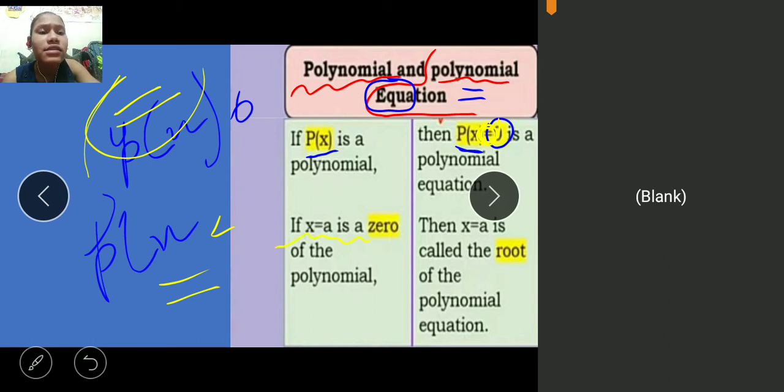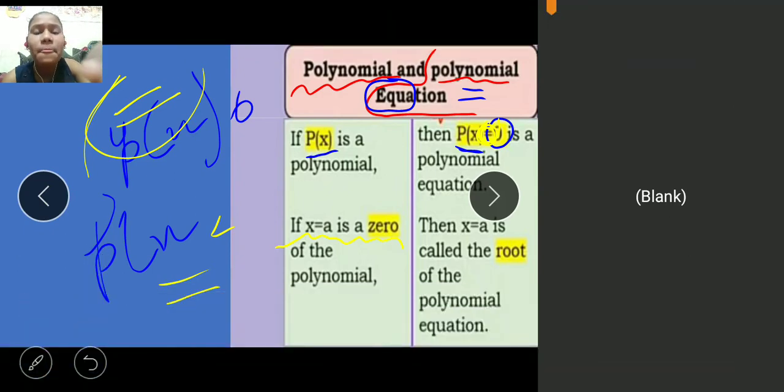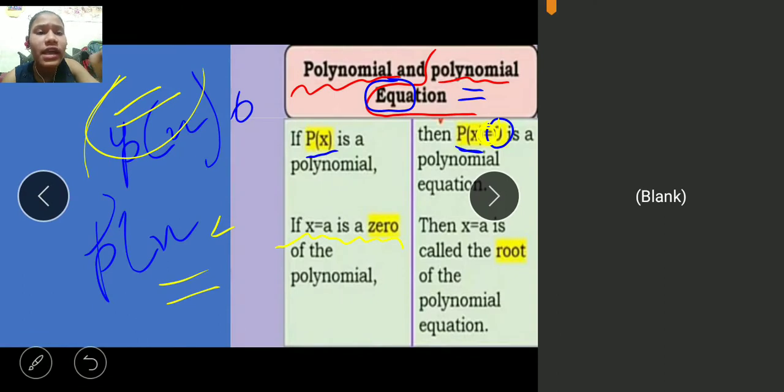If x = a is a zero of the polynomial, we say that to find x = a, you have to find the zero of the polynomial.